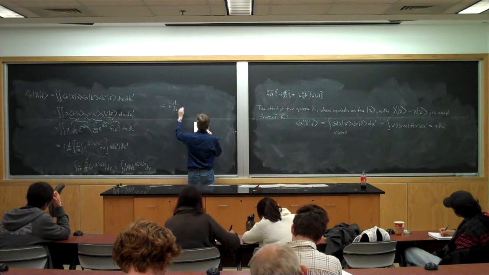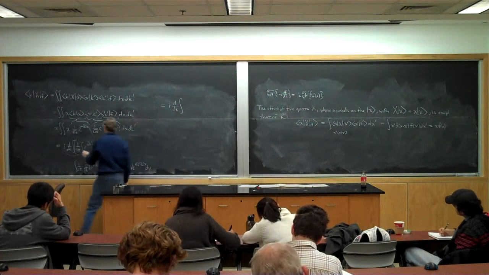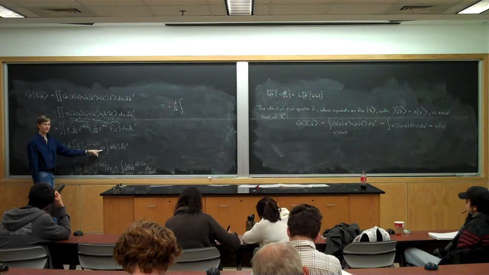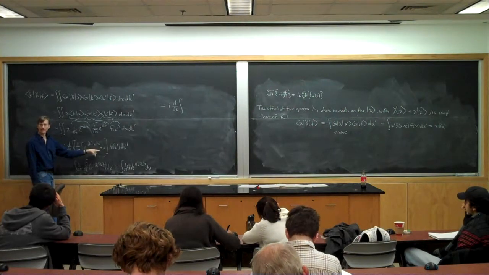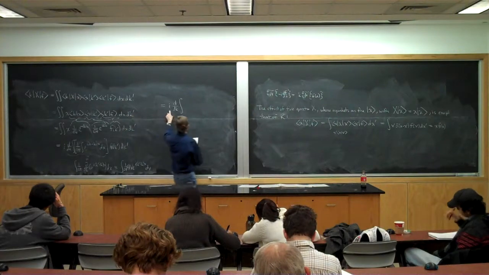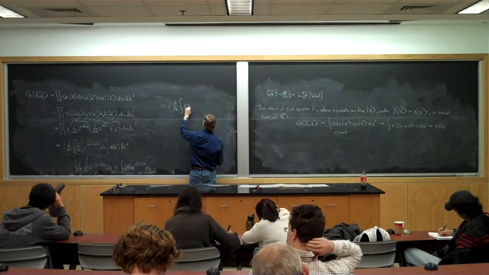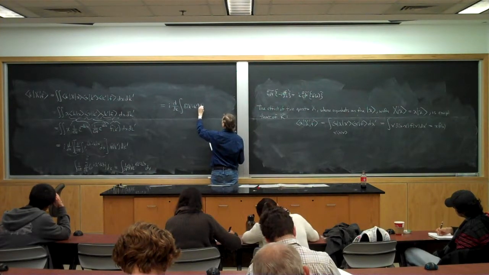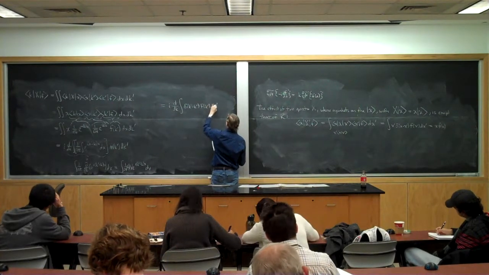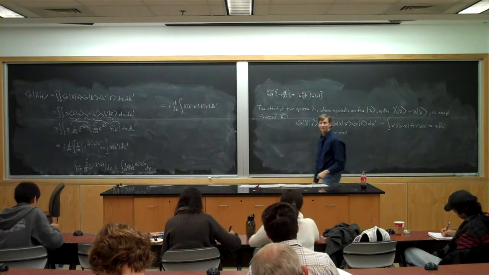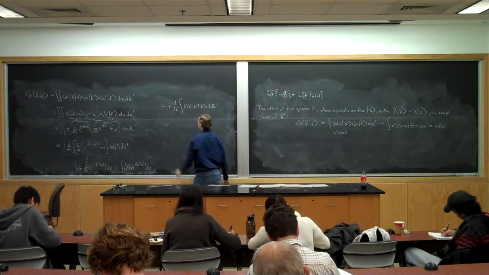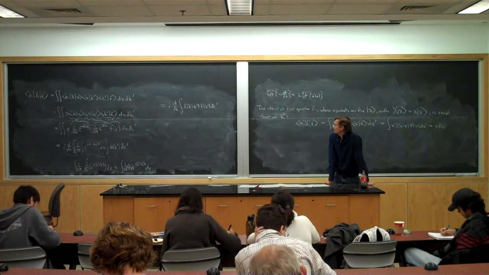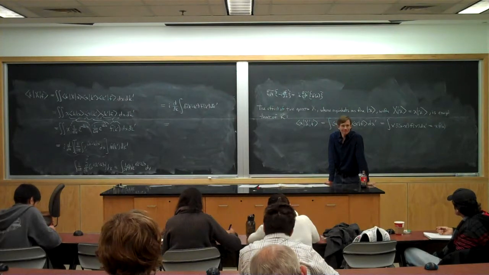So the nice thing is that this has turned into i d/dk of the integral of, well, what is this integral right here? 1 over 2 pi integral e to the i (k prime minus k) x dx. What is that integral? Delta of k prime minus k, or delta of k minus k prime; delta is an even function. So this is i d/dk of the integral of delta of k minus k prime f of k prime dk prime, and what's that integral? f of k.